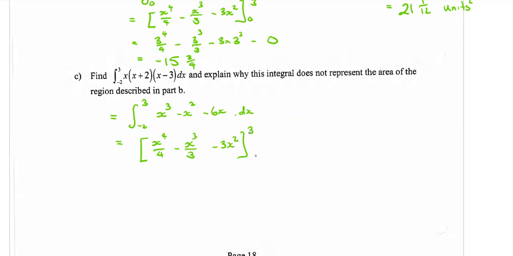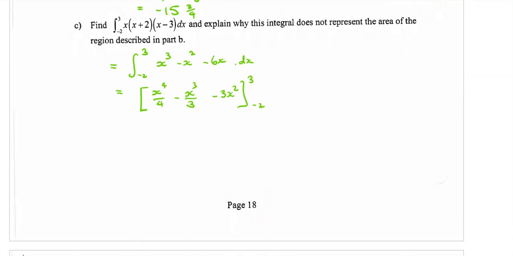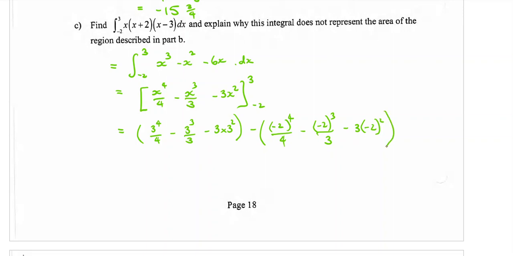And we're subbing in the 3 and the minus 2. So subbing in the 3, we get 3 to the power of 4 over 4 minus 3 cubed over 3 minus 3 times 3 squared. Then minus, sub in the minus 2. Minus 2 to the power of 4 over 4 minus minus 2 to the power of 3 over 3 minus 3 times minus 2 squared. Close bracket.